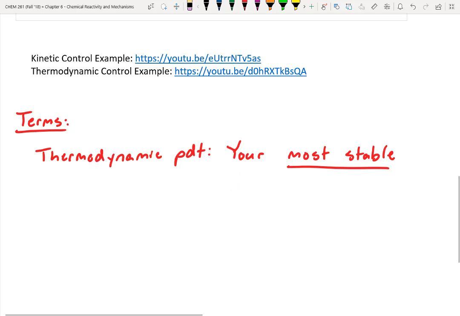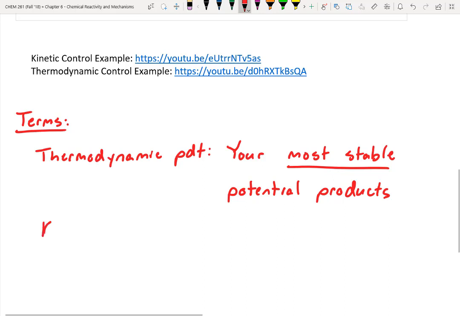Your most stable potential product. Meaning it's going to be the lowest in energy, right? So it's going to essentially get trapped there. It doesn't have enough energy to get outside of that well once it's stuck in that really stable state.